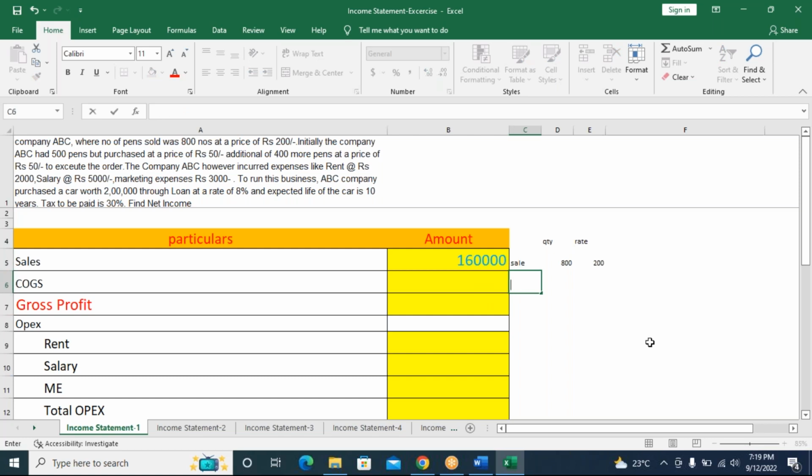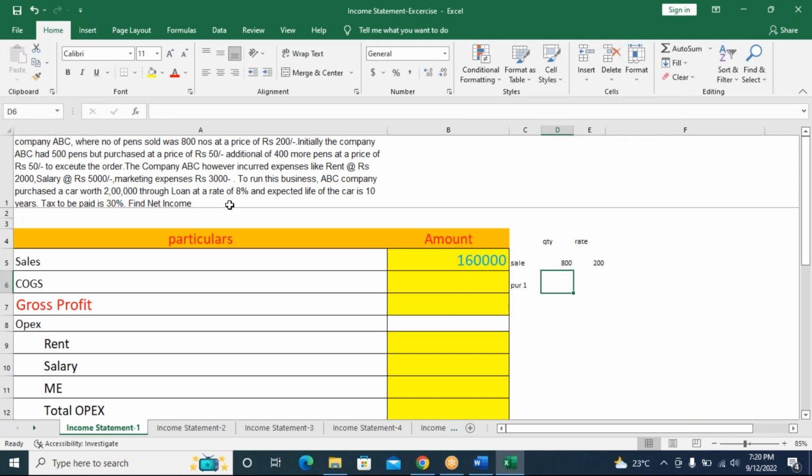Before I calculate the COGS, let's see what purchases have happened. Purchase has happened 2 times. Purchase 1: how many pens have I purchased?